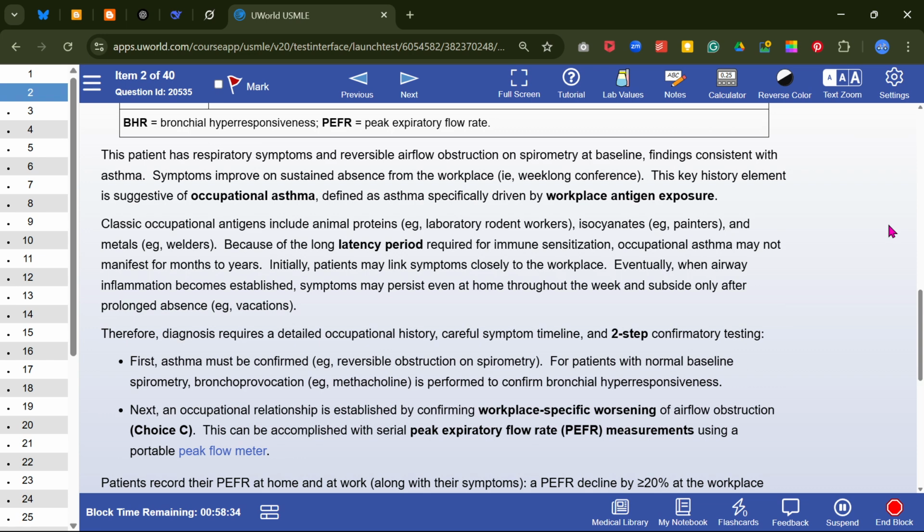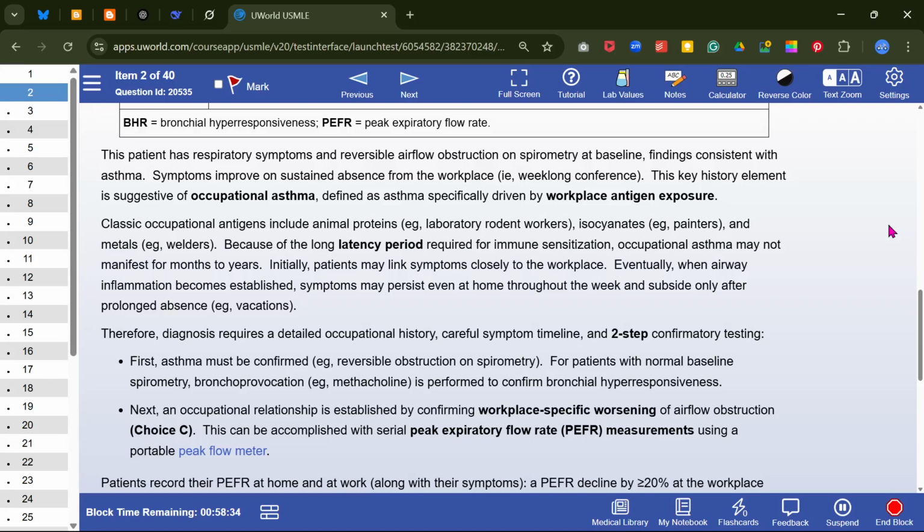Therefore, the diagnosis requires a detailed occupational history, a careful symptom timeline, and two-step confirmatory testing. First, asthma must be confirmed by reversible obstruction on spirometry; for patients with normal baseline spirometry, bronchoprovocation is performed to confirm bronchial hyperresponsiveness. Second, occupational asthma is established by workplace-specific worsening of airflow obstruction.